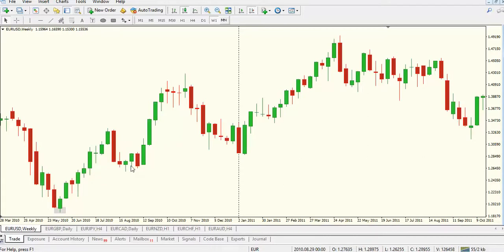We also had another fractal low here. You can see, yes, that's the fractal, the shaded region, and we went up. The fractal high was formed here, 1, 2, 3. This being the highest candle, we dropped. The fractal low was 1, 2, 3 formed here, and we went up.